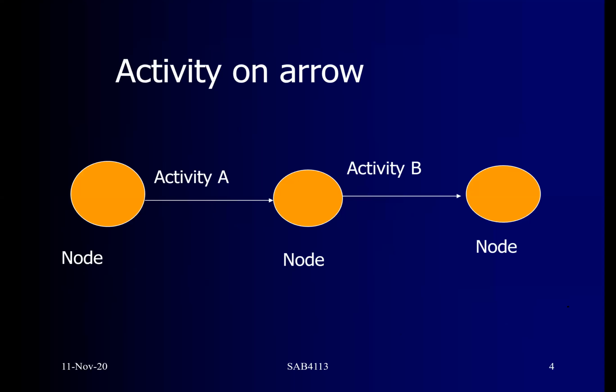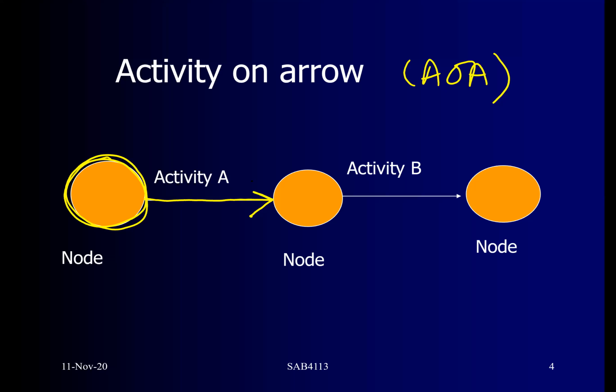Okay, activity on arrow, AOA. Again, this is just revision. How do we draw an AOA diagram? Start with the node. Make a big circle there. Then one arrow followed by an arrowhead. This is what we call the tail.